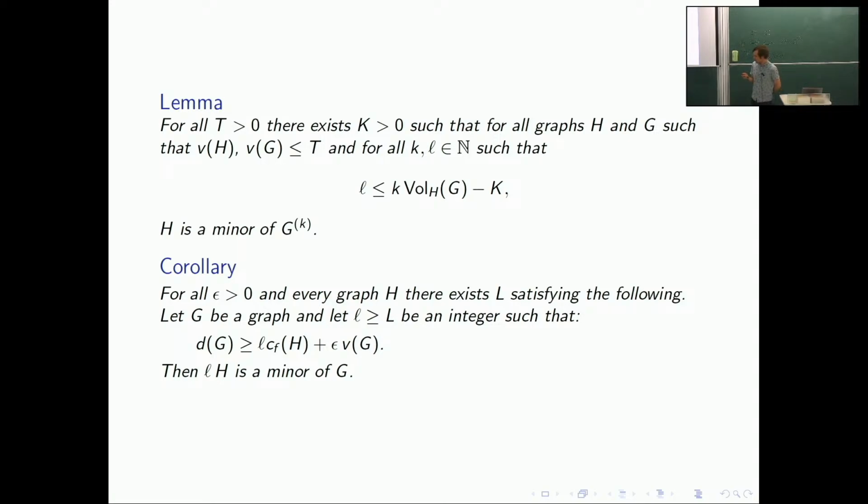So combining this with the previous version of the regularity lemma, the reason that this is useful is that we get something like the following. So this one might make more sense.